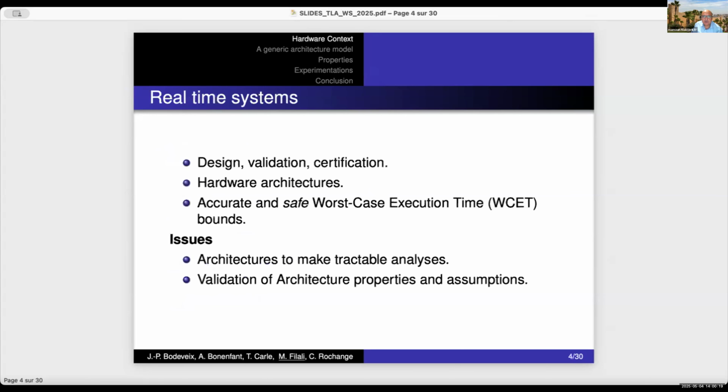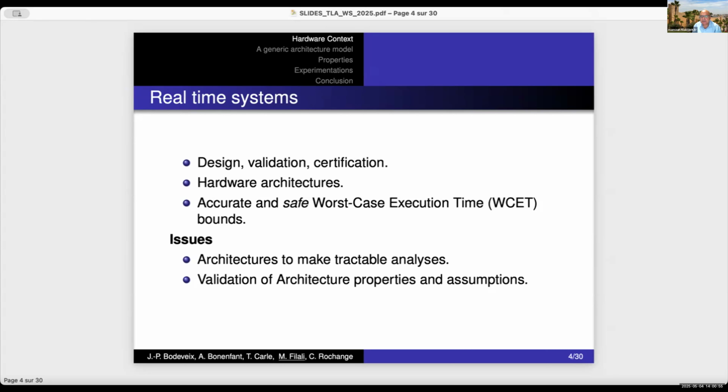So first, the context in which we are working is the context of real-time systems. And we are interested in design, validation, and certification. For this talk, we will be mainly interested in hardware architectures. And what we are looking for is how to make accurate and safe worst case execution time bounds.